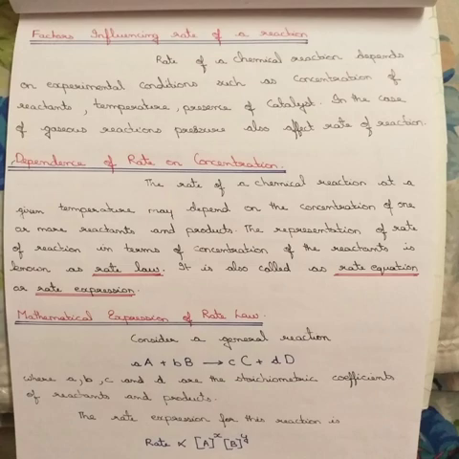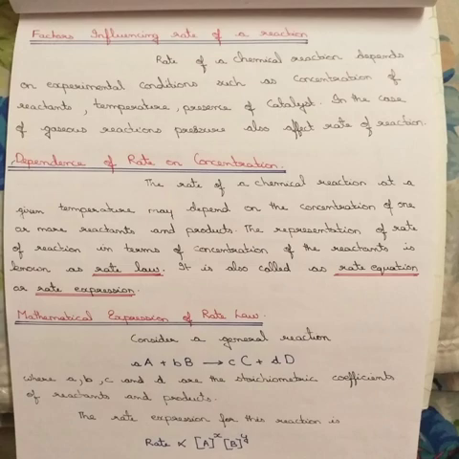We can take a general reaction aA plus bB giving cC plus dD. Small a, b, c, d represent the stoichiometric coefficients of capital A, B, C and D respectively, where capital A and B are the reactants, and capital C and D are the products.